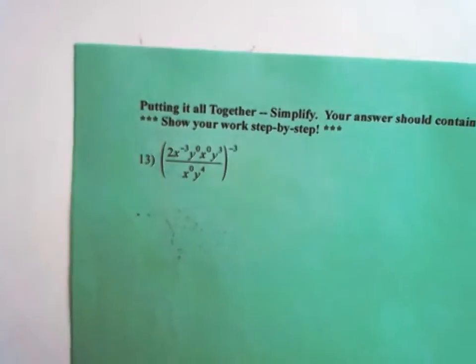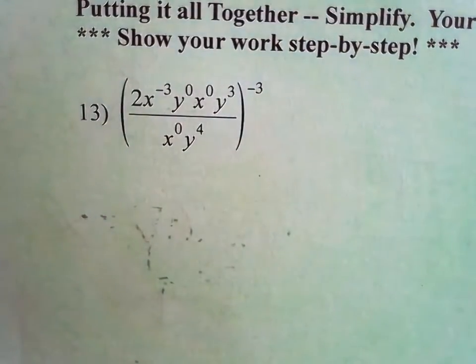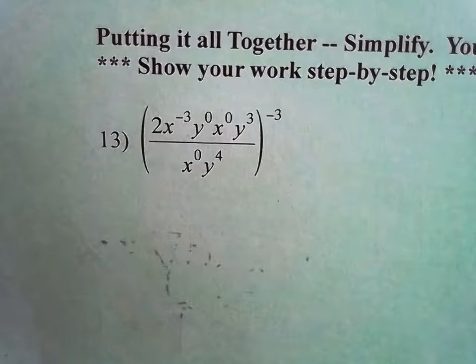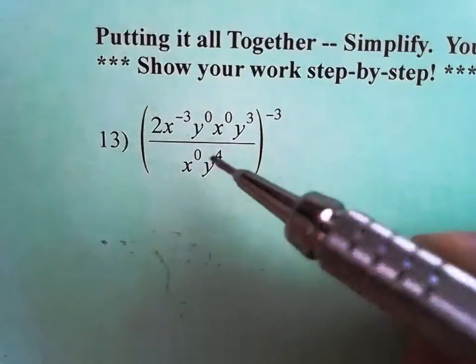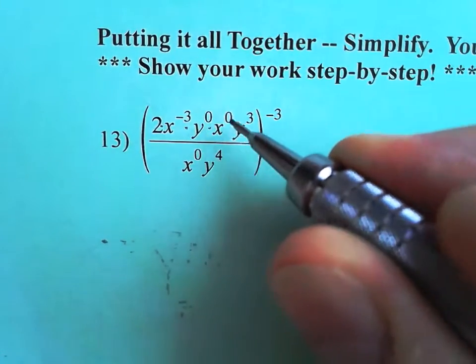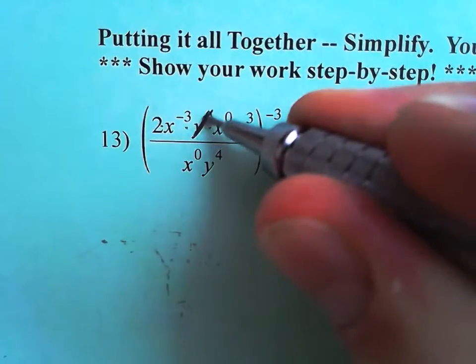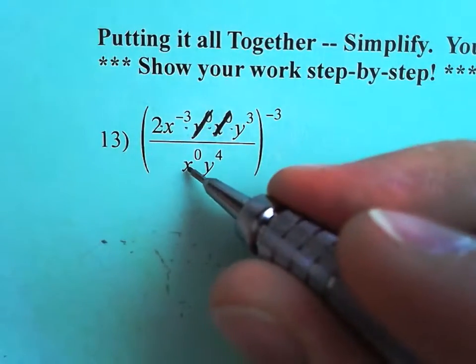Okay, this guy right here, I want you to notice what can simplify really easily right away. There's a couple things you might have thought of, but look at all these x to the zeros. It's 2 times x cubed times y to the 0 times x to the 0 times y to the third. What's y to the 0? It's 1. What's x to the 0? It's 1. So what's x to the 0 down here?